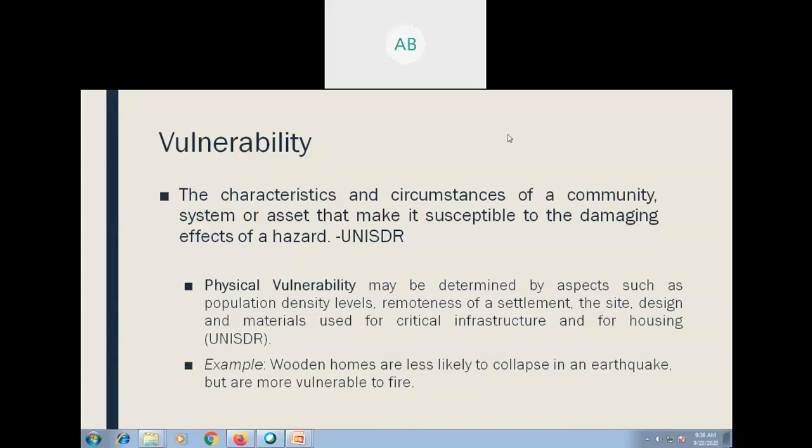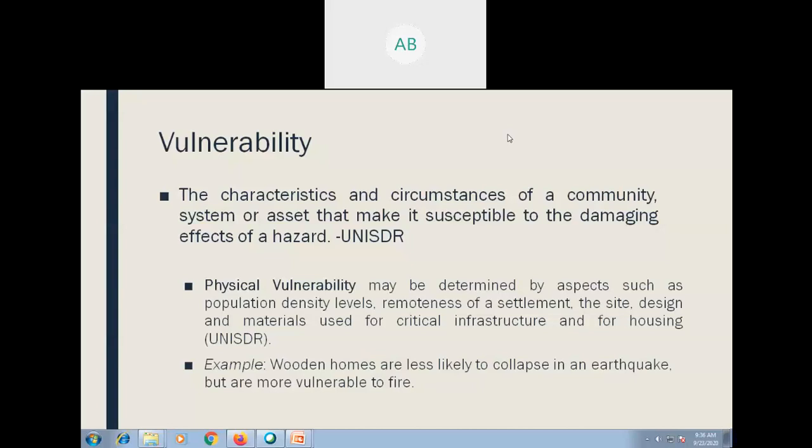So, physical vulnerability may be determined by aspects such as population density levels, remoteness of a settlement, the site, the design and material used for critical infrastructure and for housing, as per UNISDR. Yesterday we took the example of two different houses built with different kinds of materials, and that contributed to their different levels of vulnerability in the context of a flood hazard.